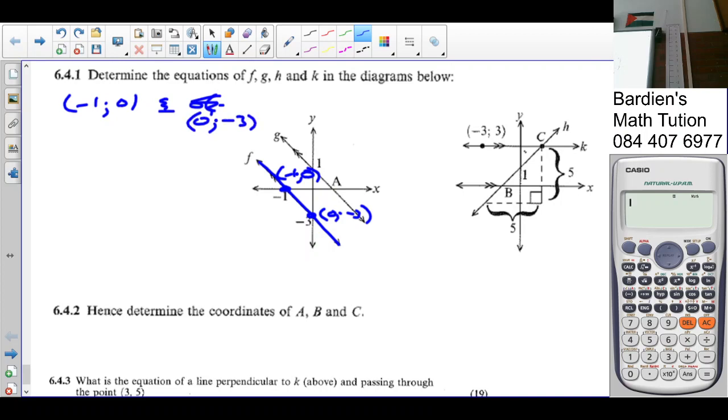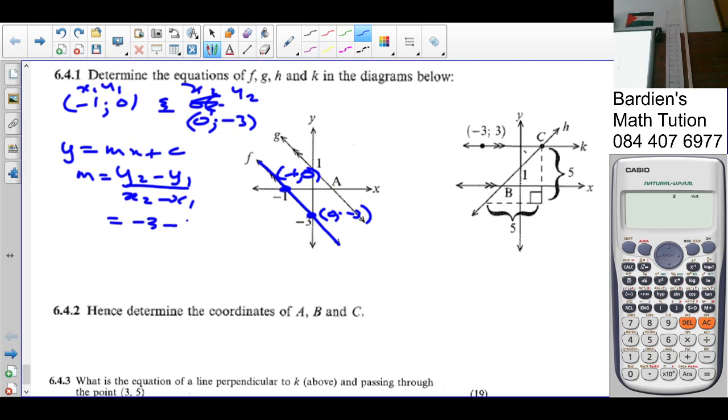So you say y is equal to mx plus c. How do you calculate m? M is your gradient, which is y2 minus y1 over x2 minus x1. So if this is x1, y1, this will be x2, y2. So it's going to be negative 3 minus 0 over 0 minus minus 1, which is negative 3.